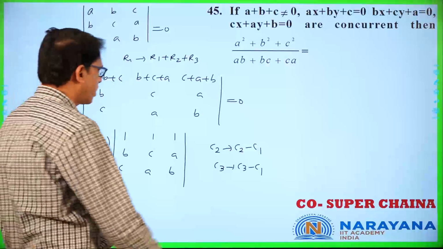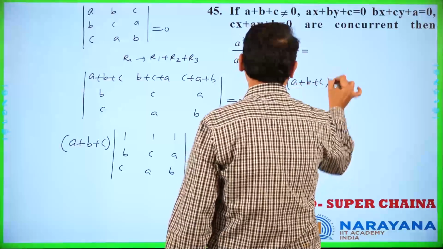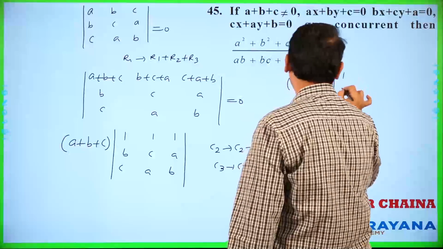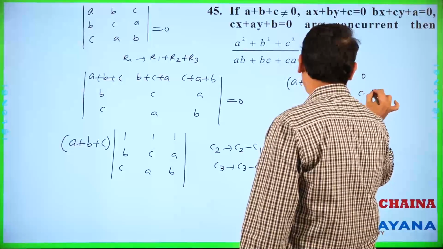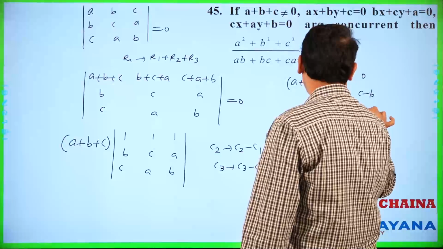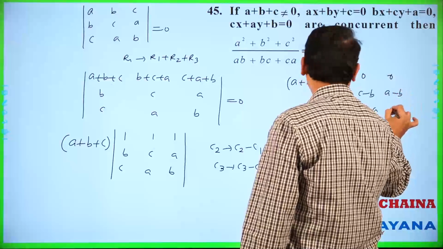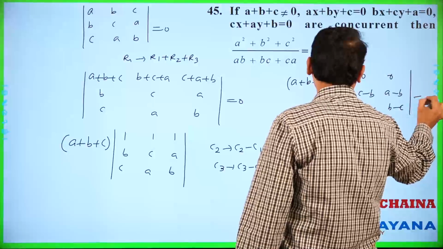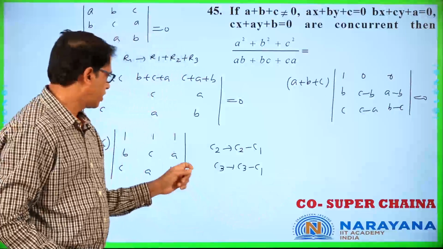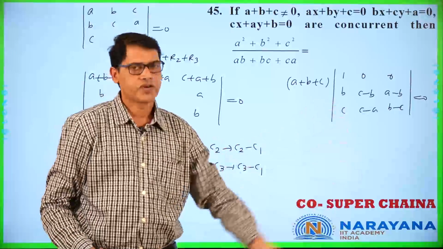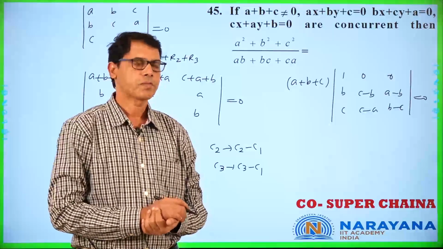So if you apply that, (a plus b plus c) into determinant of column 1 same (1, b, c), then (0, c minus b, a minus b), (0, a minus c, b minus c) equals to 0. If you simplify this one, we get this condition: a square plus b square plus c square equals to ab plus bc plus ca. Okay. Next one.